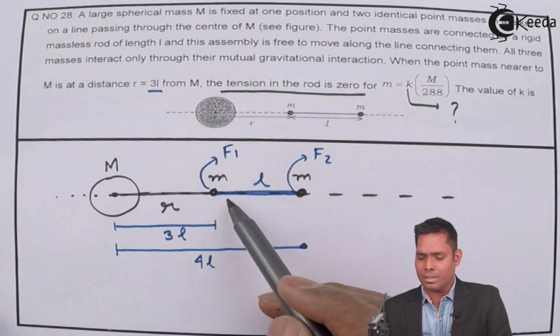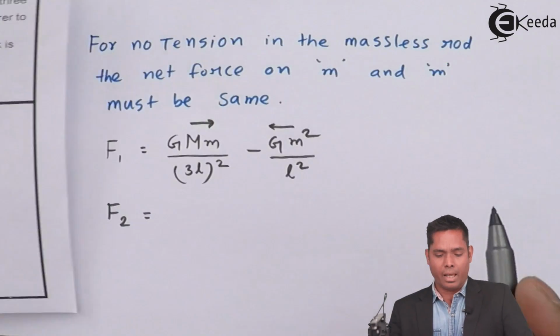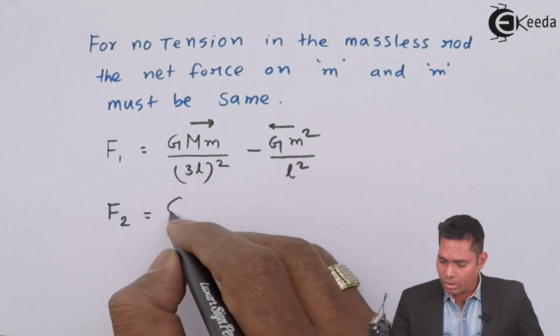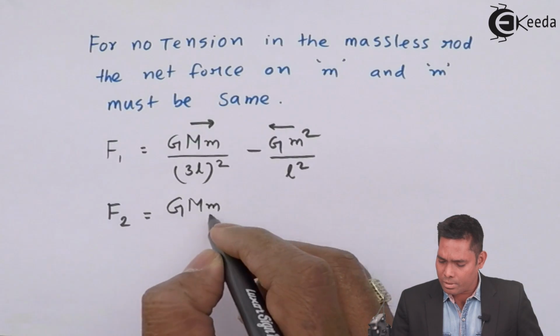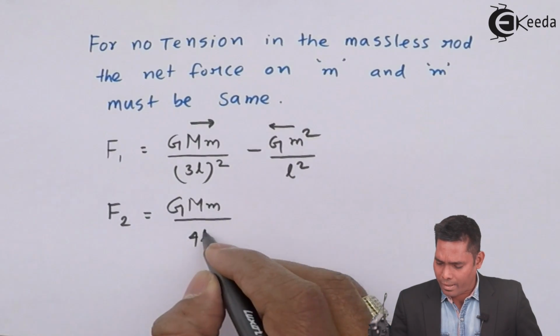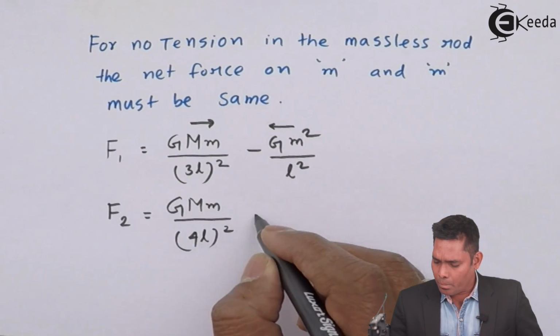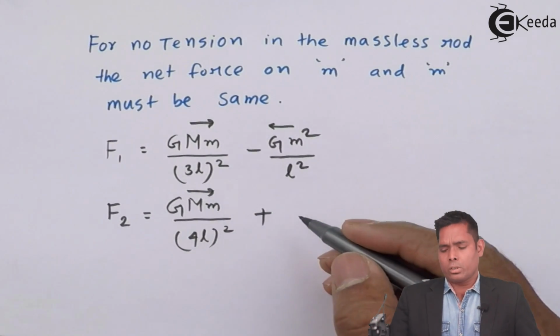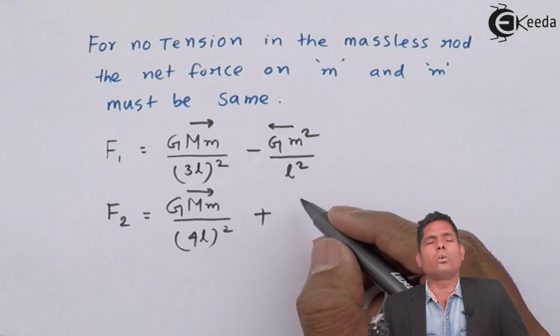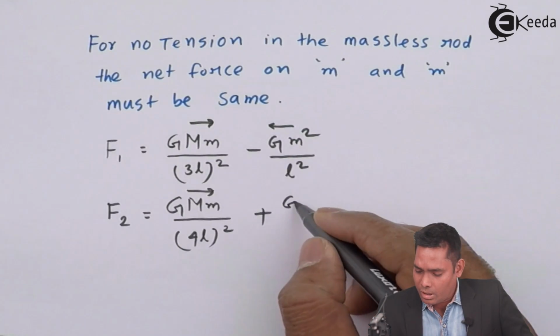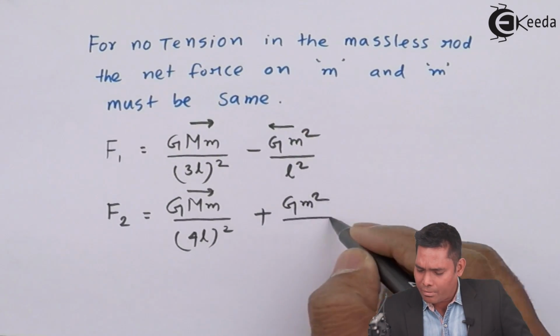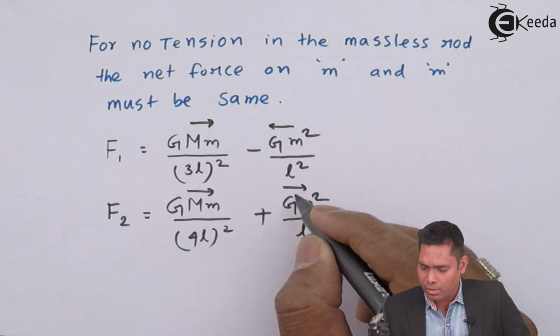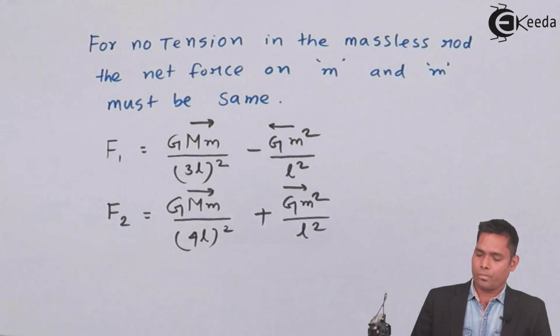Because of smaller mass, the distance is L. So we'll have G, because of bigger mass, 16L square, plus, because this is towards right, and because of the smaller mass also, the force is towards right, G of small m square divided by L square. This is also towards right, therefore this is positive.